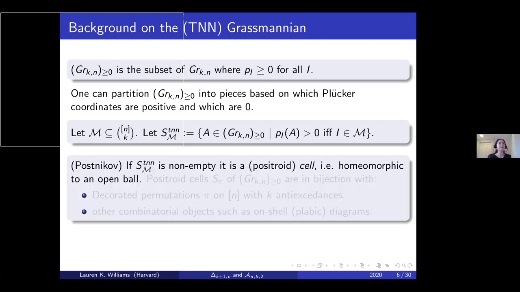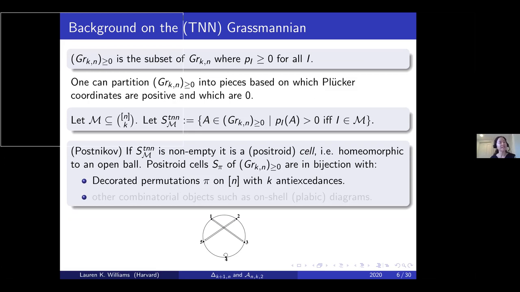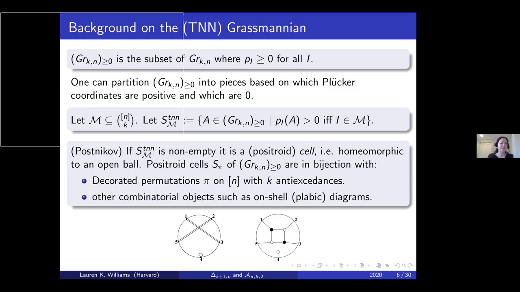And Postnikov showed in his work from the early 2000s that if this subset is non-empty, then it's what he called a positroid cell. And the word cell here means homeomorphic to an open ball. And he classified these cells and showed that they're in bijection with various combinatorial objects, including some kinds of permutations, and also some objects which you all know as on-shell diagrams, and he called Plabic graphs. Plabic stands for planar bicolored.